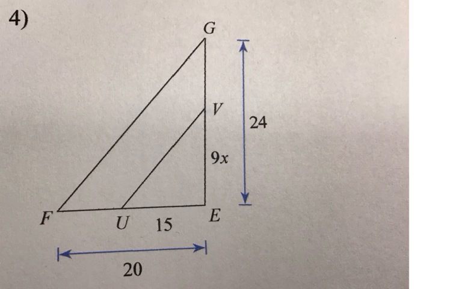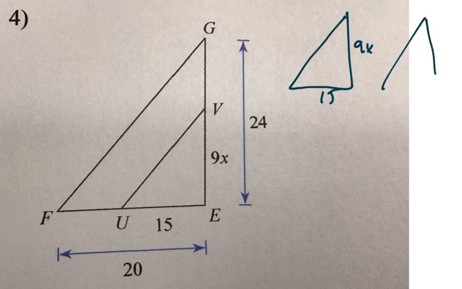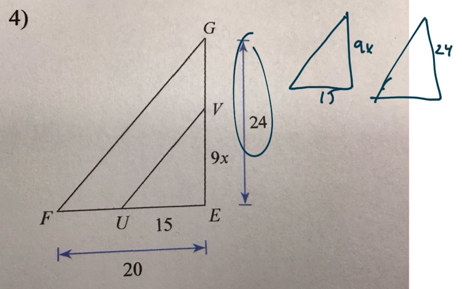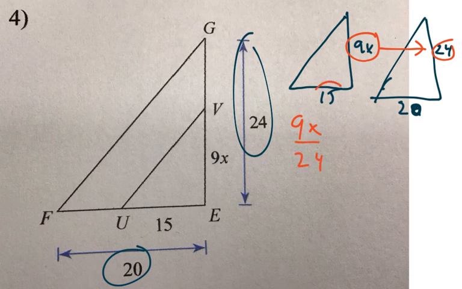Okay, pause and try this problem, guys. So hopefully you redrew the small triangle, 9x here, 15 on the bottom, right? You redrew the bigger triangle as well. Notice here, we know 24 on the right side and 20 on its base. So now it's easy to match. 9x goes with 24. 15 goes with 20.